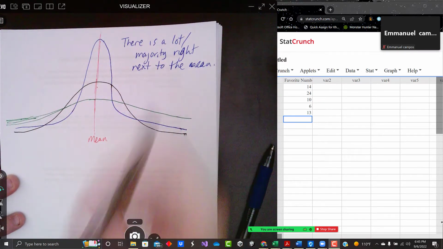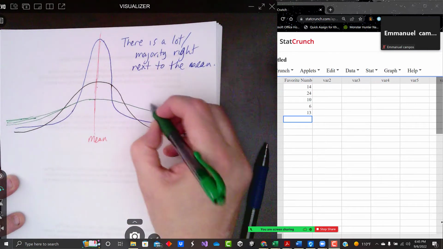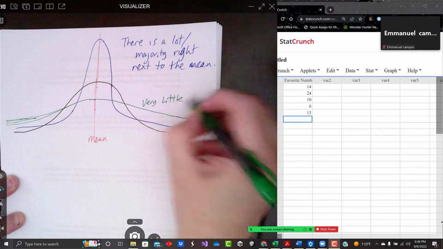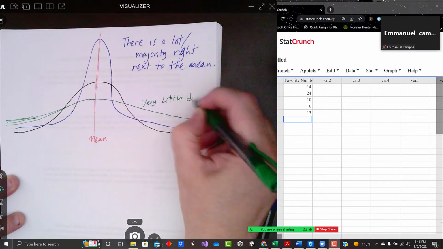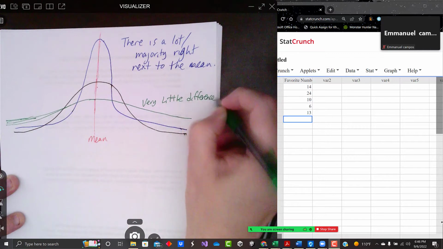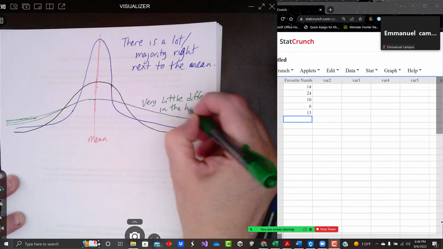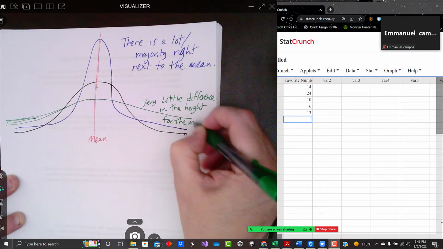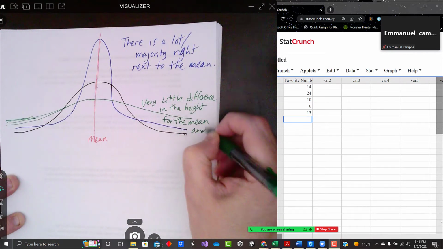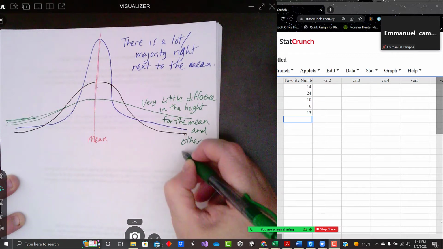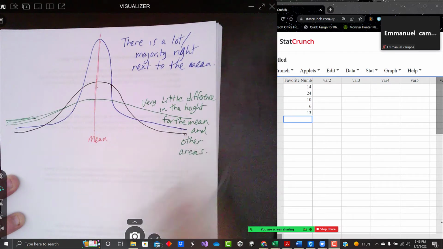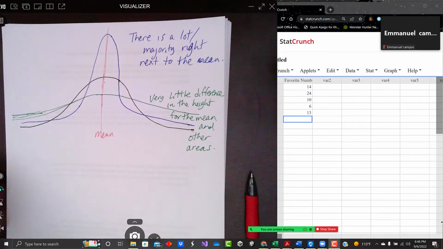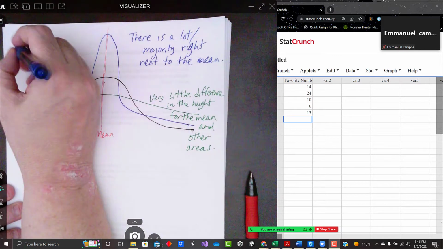The green one, the flattest one, has very little difference really in the height from the mean to other areas. The blue one is all clumped together.